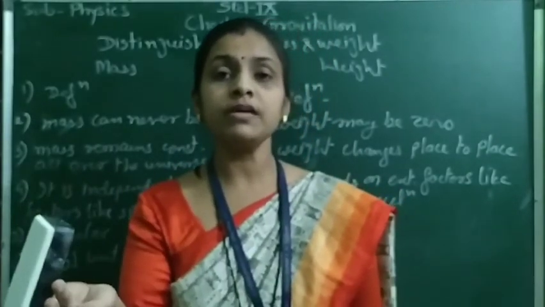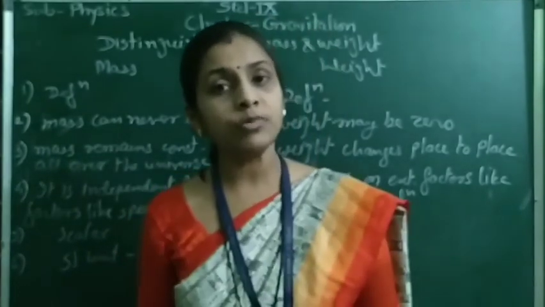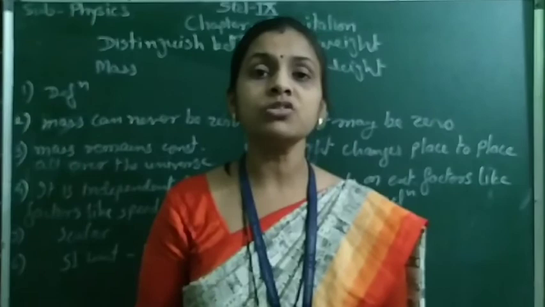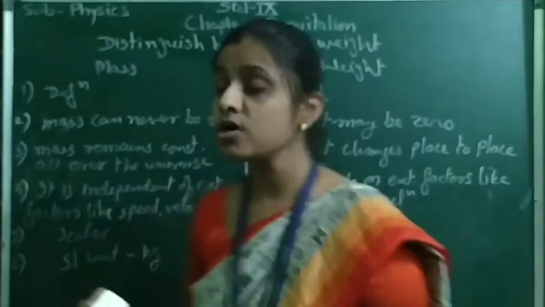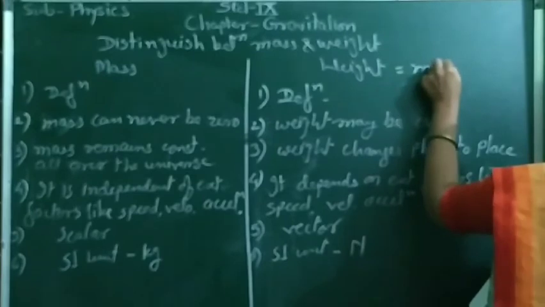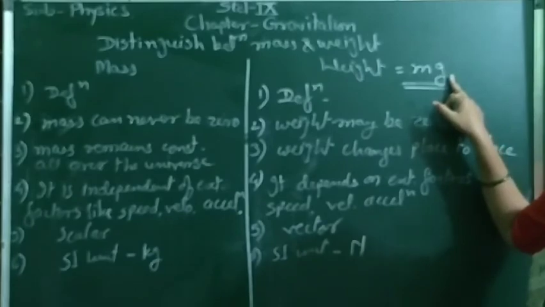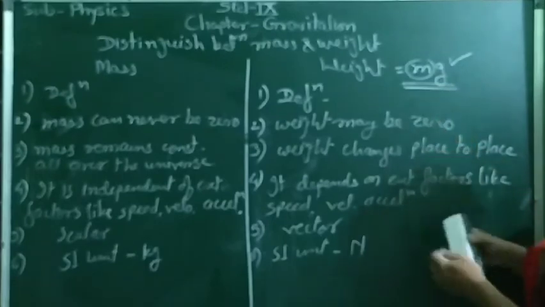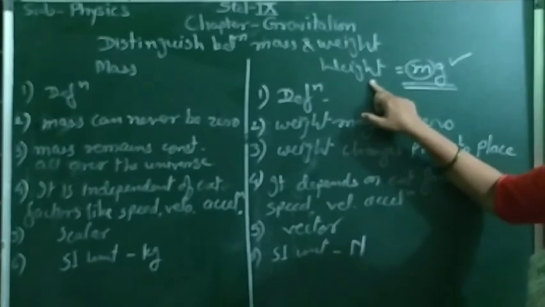So on the earth, at the pole or at the equator, or on the moon or on Jupiter, the weight of an object changes not because of the mass, it is only because of the acceleration due to gravity, because the formula for weight of an object is W = mg. So always remember the formula for weight is mass into acceleration due to gravity. Your mass remains constant but your g varies, and as g varies from place to place, the weight of an object varies from place to place.